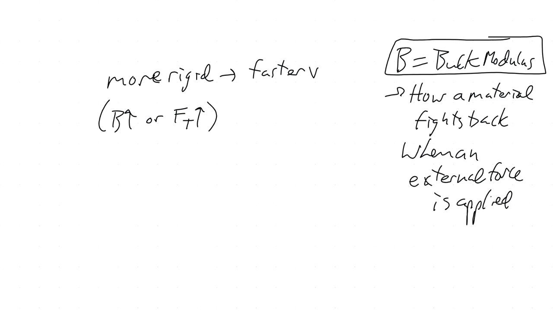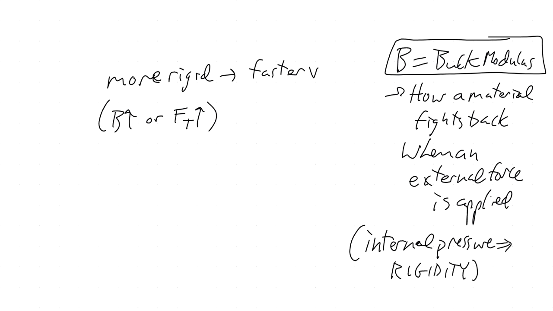So you can think of it as the internal pressure or rigidity in a medium. So if something's more rigid, like metal, it has a high bulk modulus. Water and liquids have a lower bulk modulus.